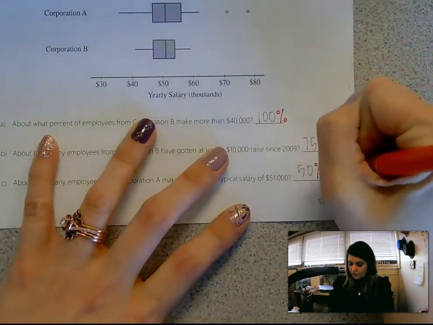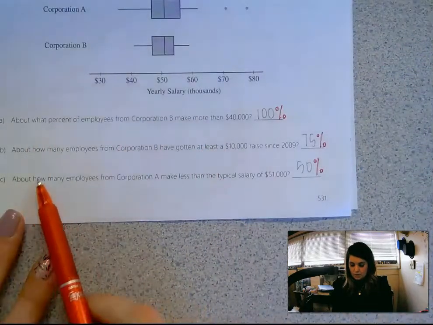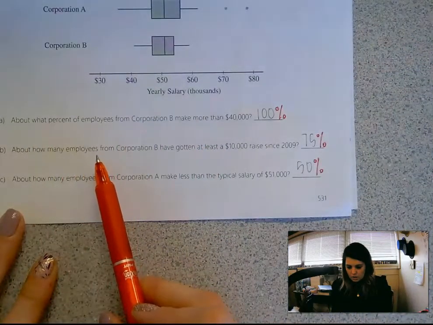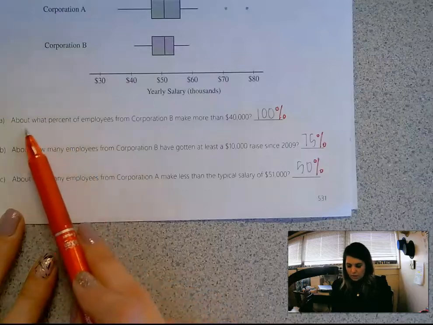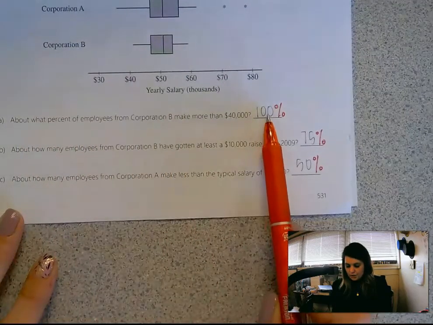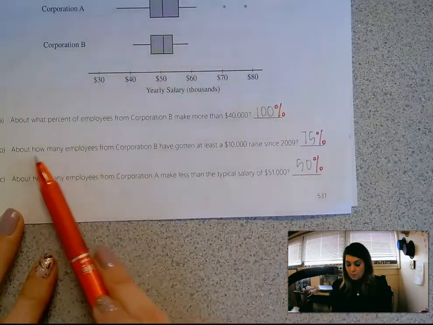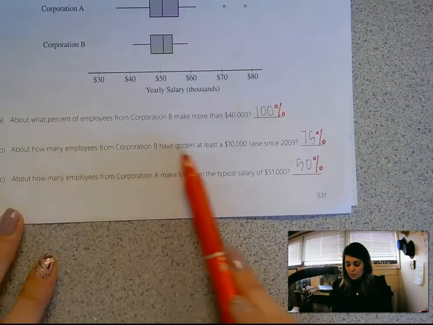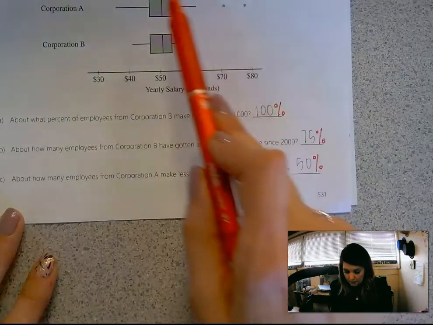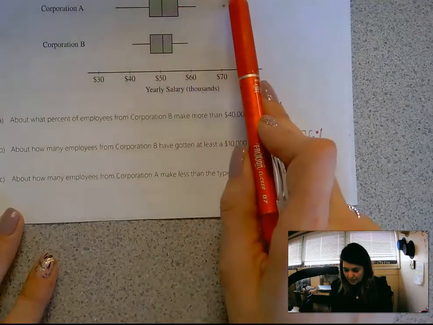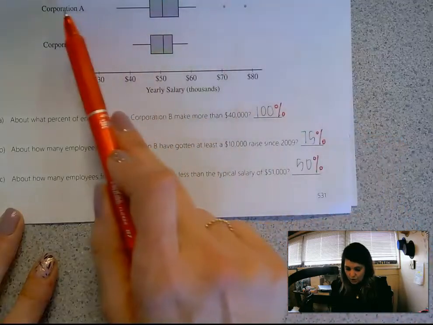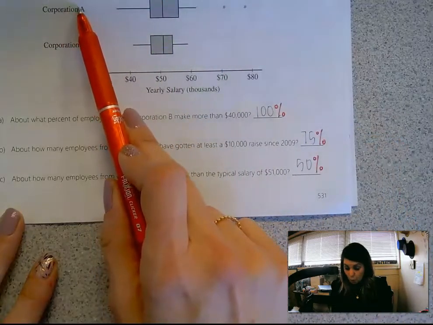Let me make sure that all these are asking for percent. They're not. About what percent of employees from Corporation B make more than $40,000? 100%. About how many employees from Corporation B? The yearly salary of 60 employees are shown below. So are both of them 60?